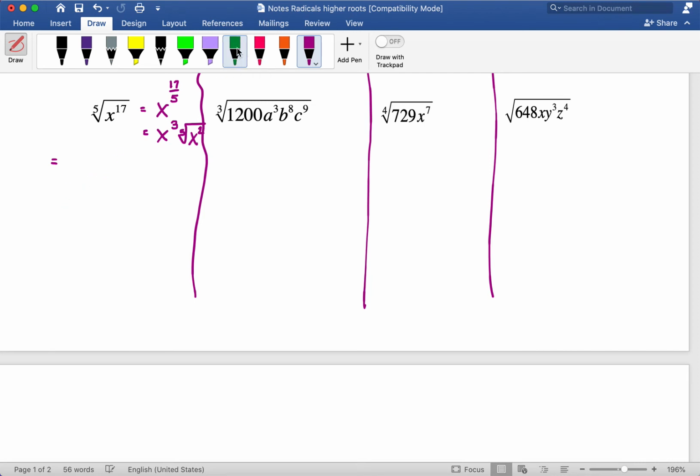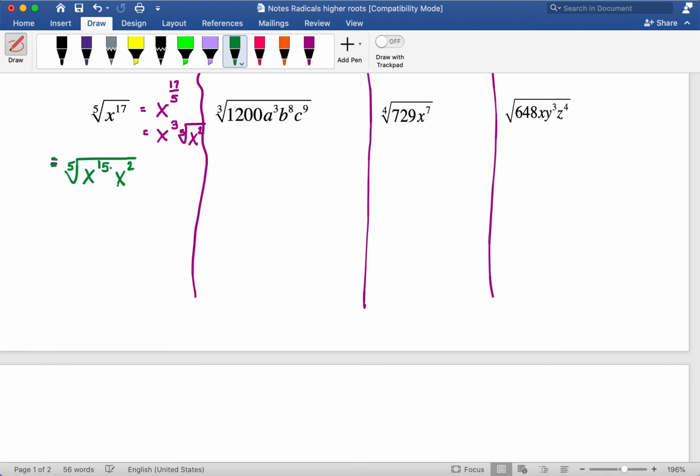I'll change the color to green so that we can see when I do it the other way. So I've got the 5th root of x to the power 17. I could write this as what number is divisible by 5? Well, that's 15. And then 2 more is 17.